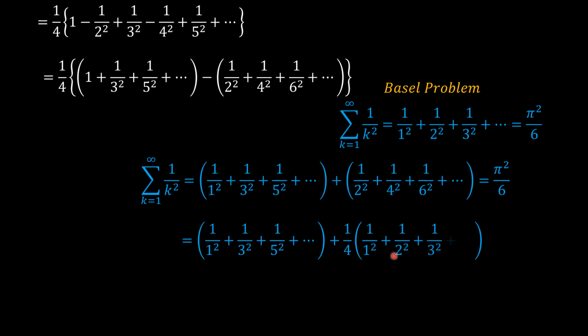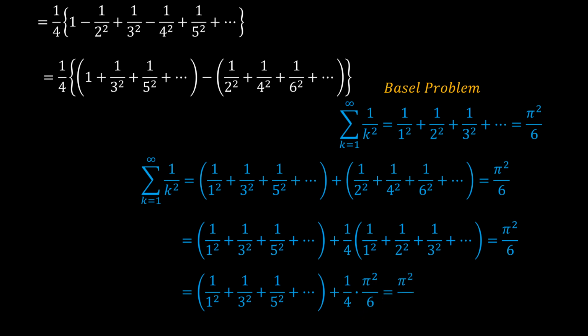So this in itself is still the Basel problem summation. So we can plug pi squared over 6 here, so that the odd terms plus a quarter times pi squared over 6 is equal to pi squared over 6. So the even terms definitely add up to pi squared over 24.